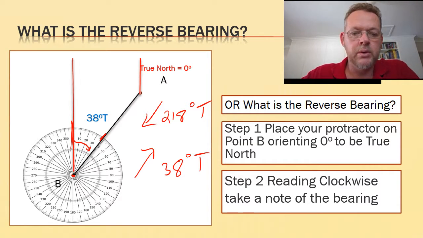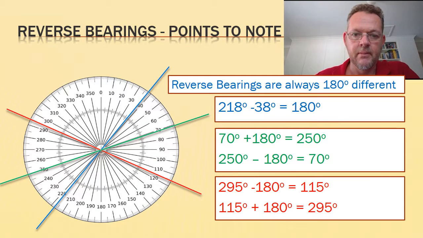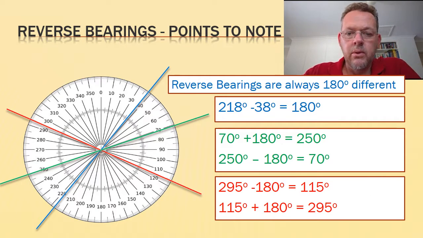And there's an important concept here: in a straight line there is 180 degrees, and therefore the reverse bearing is going to be 180 degrees different to the original bearing. So reverse bearings are always 180 degrees different. So let's look at the blue one.